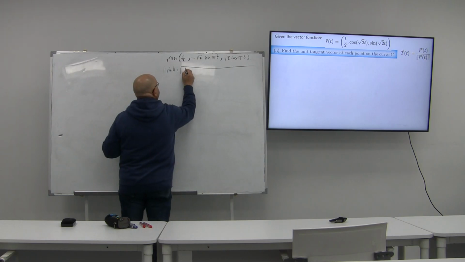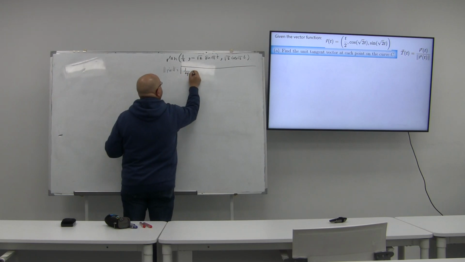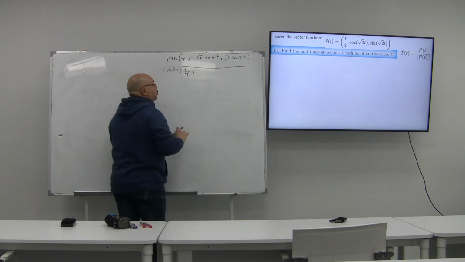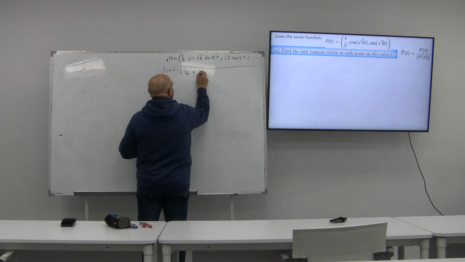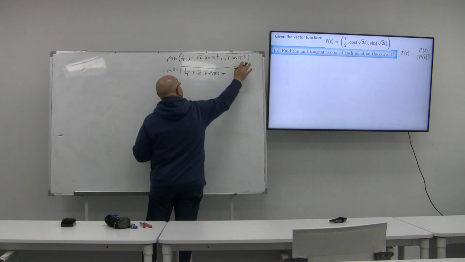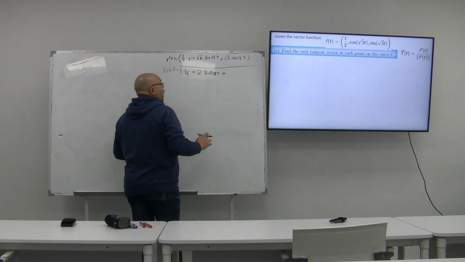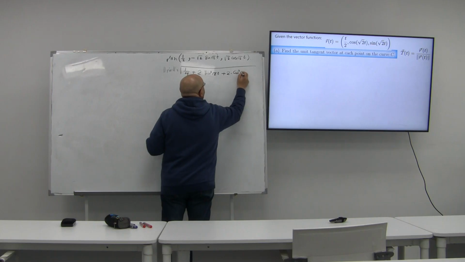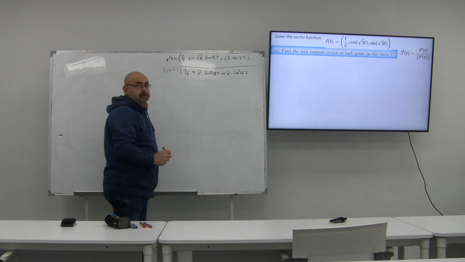So it's going to be simply 1 over 4, plus this quantity squared, which means 2 times sine square of root 2 t, plus the last component squared, 2 times cosine square of root 2 t, all under the square root.